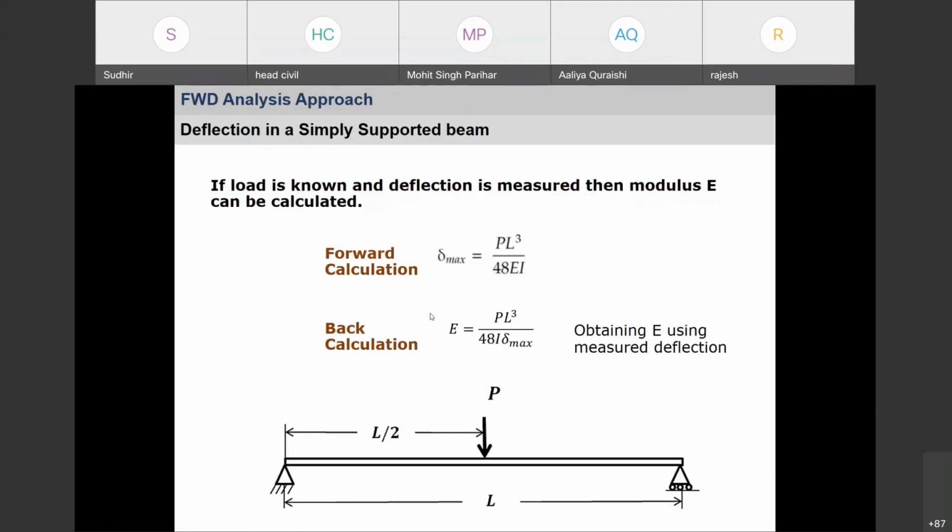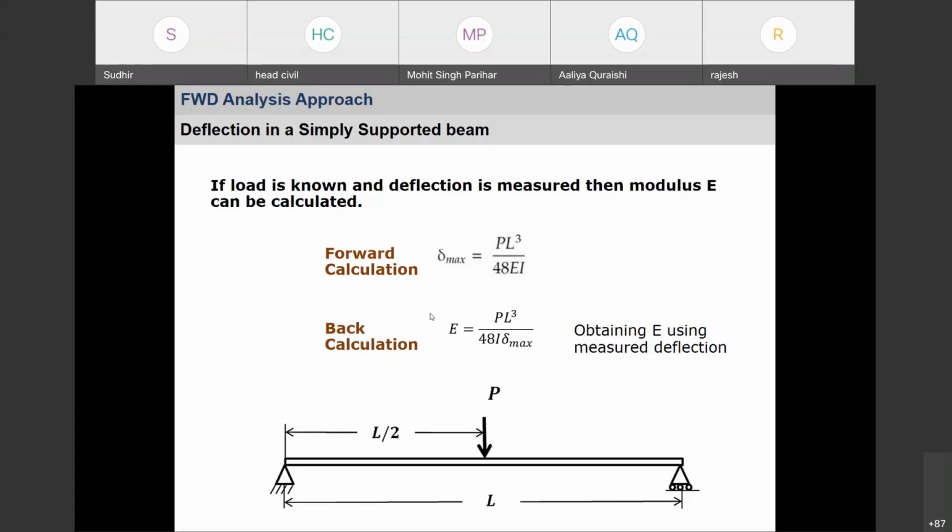From our mechanics class, we know that if a simply supported beam of span L is loaded at the center, or the mid of the span, by load P, then the maximum deflection will be equal to PL cube divided by 48 EI. This equation has been derived for a simply supported beam.